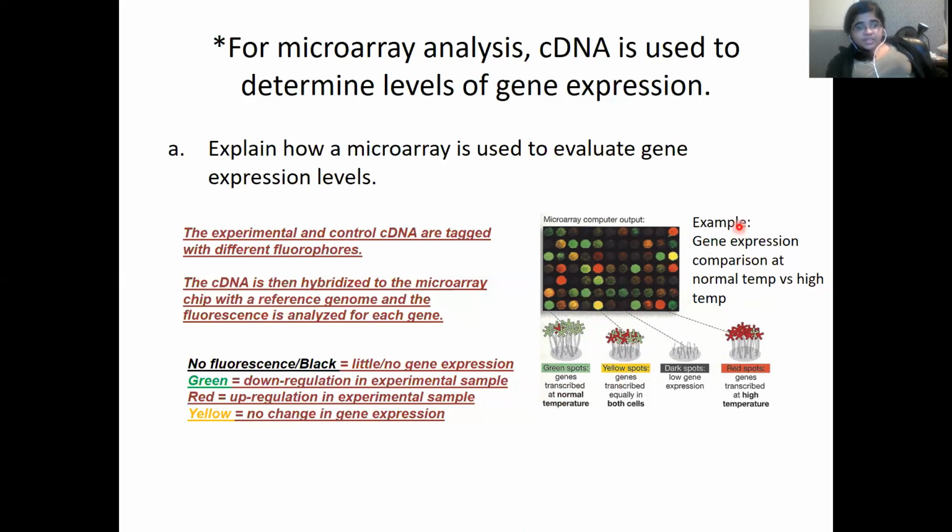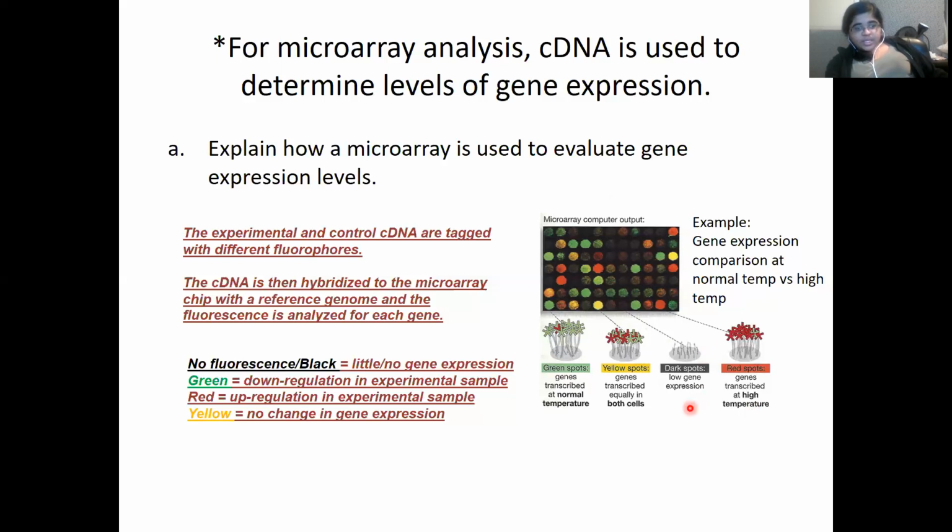So in this case, they had high green spots. When they had green spots, the genes were transcribed at normal temperature. So in normal temperature, the gene itself was downregulated. In yellow spots, it was equal within both cells, so in normal temp and high temp, there was no change between the cells.